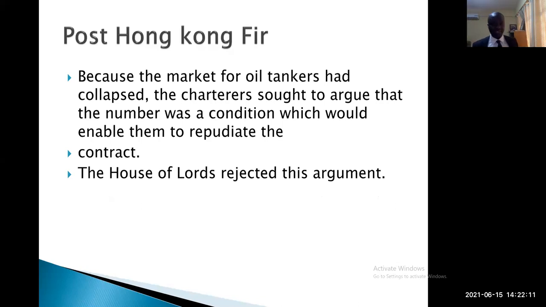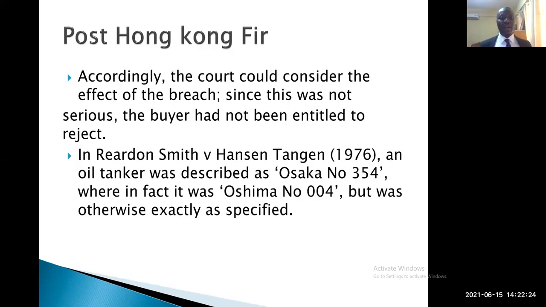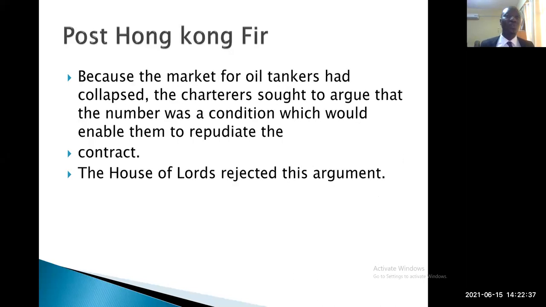Now, because the market for oil tankers had collapsed, the charterers sought to argue that the number was a condition, so that when the ship was supposed to have been Osaka number 354 instead of Oshima number 004, they could use that to repudiate the contract.